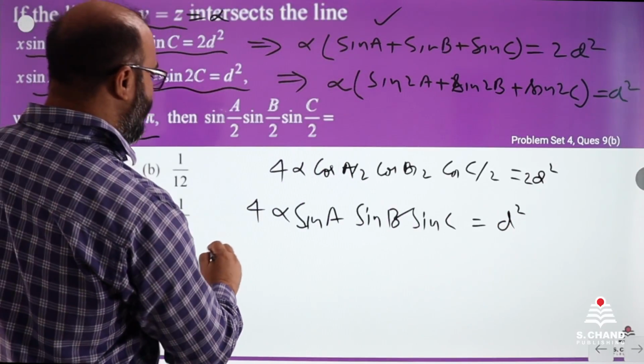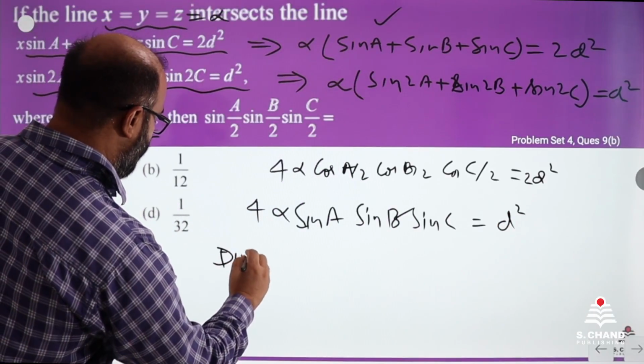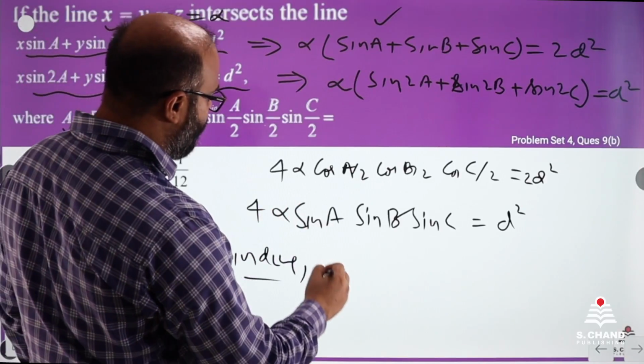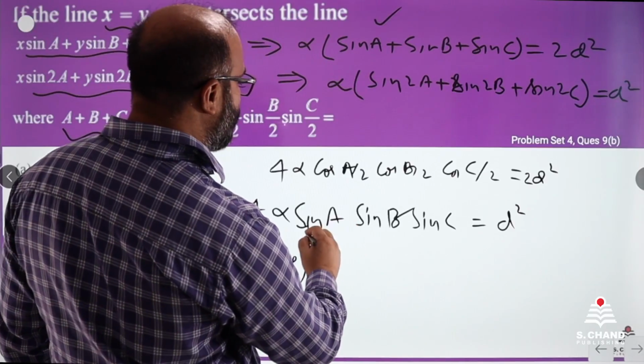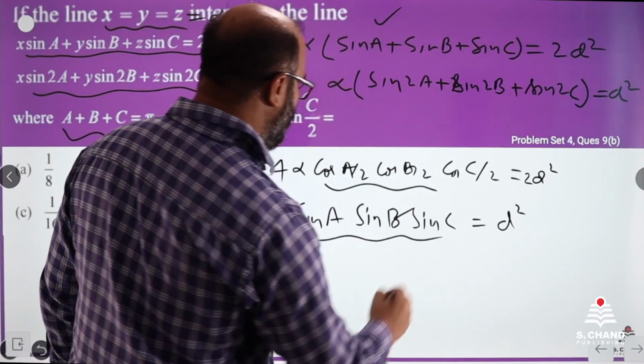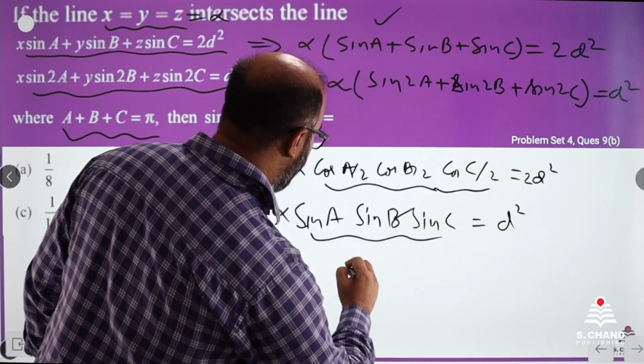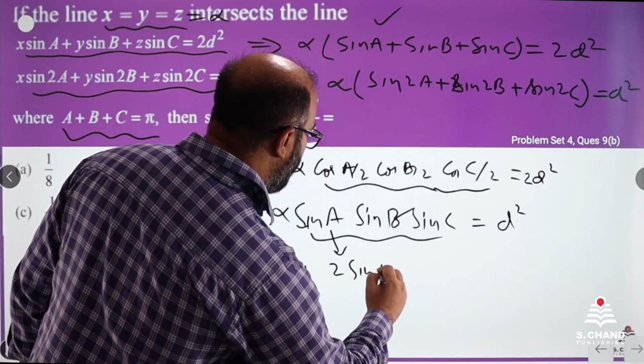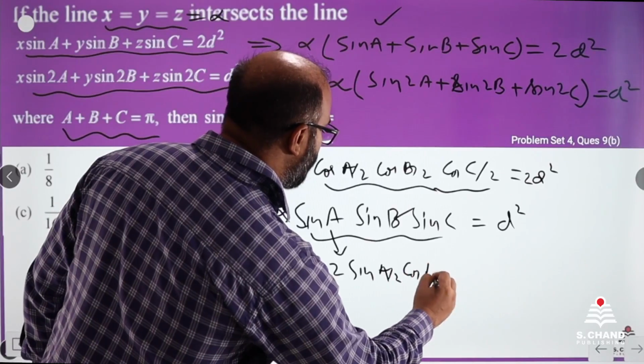Now when we divide, what will happen? Alpha will cancel, 4 will cancel, and you will get sin A sin B sin C by cos A by 2 cos B by 2 cos C by 2, and sin A can be written as 2 sin A by 2 into cos A by 2.